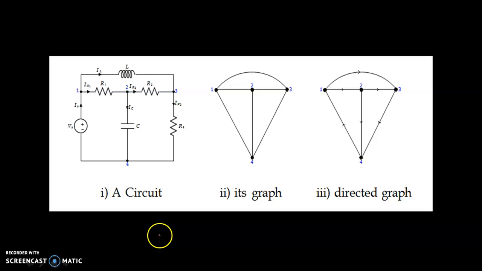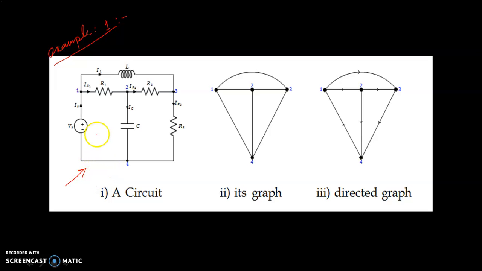See this. A typical example is given here. Example number 1, in which we are going to see how actually a graph looks like. If a circuit is given like this, this is your given circuit.